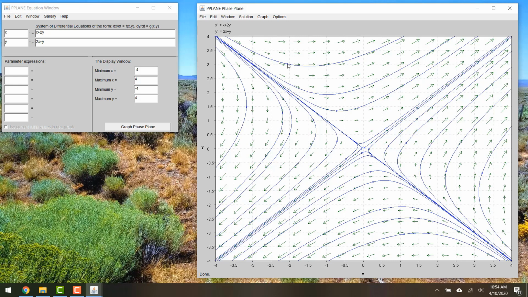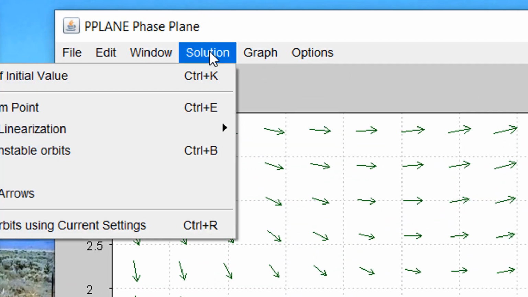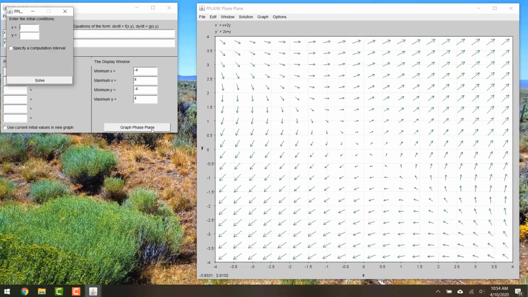Now, I did say that if you started with an initial value that was a multiple of one of the eigenvectors in your general solution, for example, the first eigenvector in our general solution was 1, -1. If you want to clear all this, just say graph phase plane again, and then go up to solution and choose keyboard input of initial value.